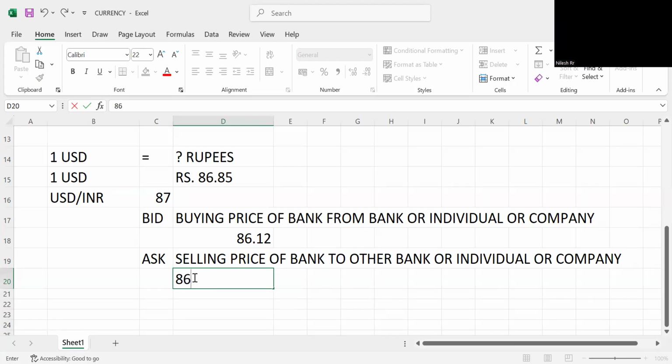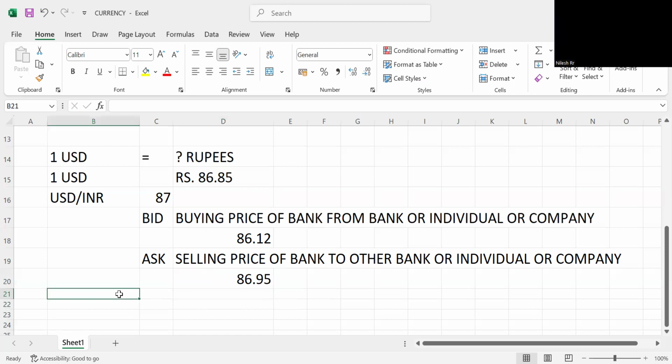So here it's mentioned as 86.95. Suppose it is 86.95, that means the bid is 86.12 and the ask is 86.95. So my quotation will be mentioned like this: USD. I'll show you something.